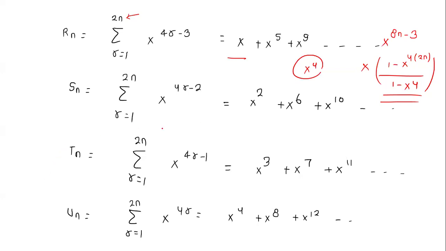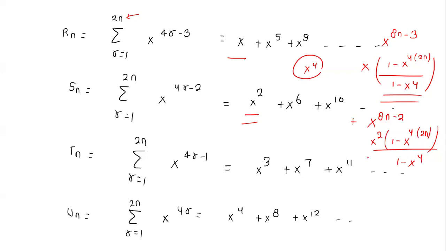Similarly, if you see S of n, it is starting from x power 2, and if you put r equal to 2n, it will come like 8n minus 2. So the first term, the common ratio is x power 4, and there are 2n terms, divided by 1 minus x power 4.